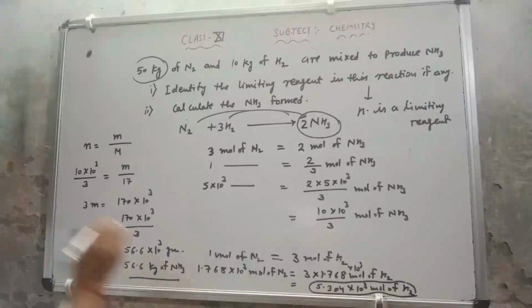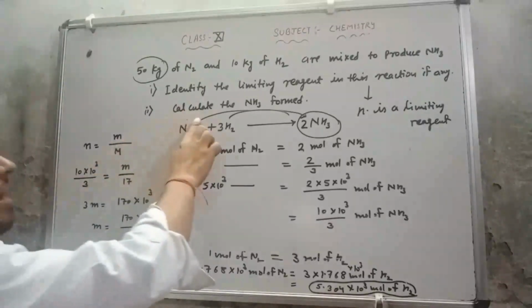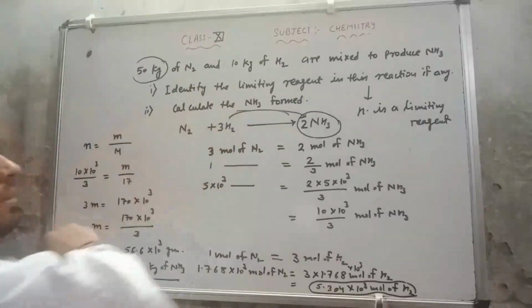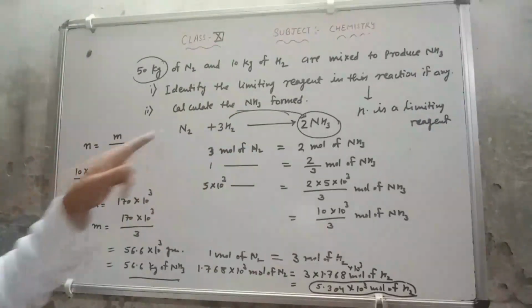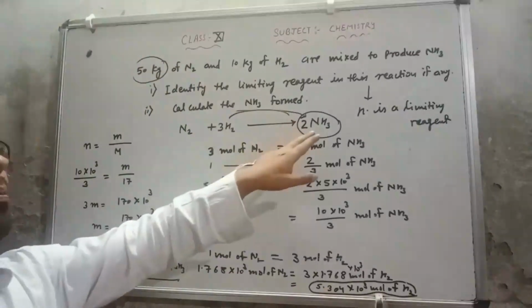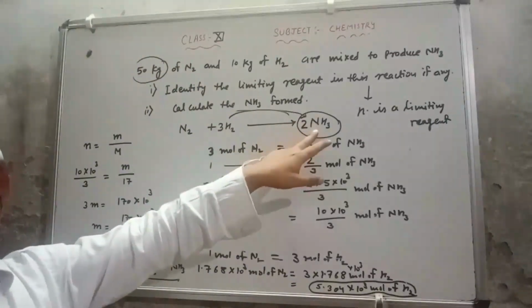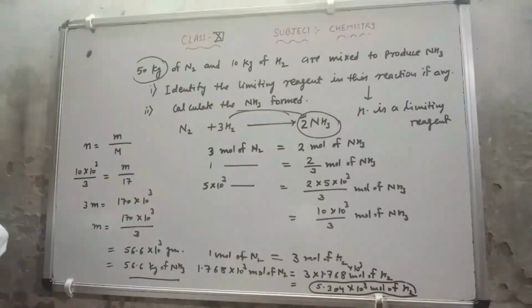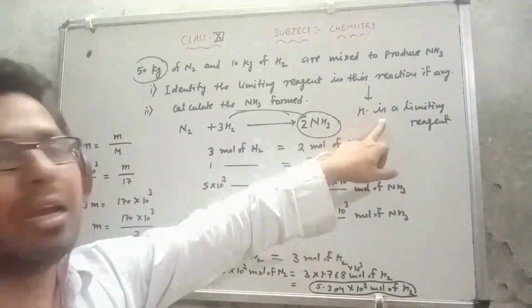So this is a very important question. So again I am telling you how to find out the ammonia formed. Whatever is the limiting reagent, keep in your mind that it will be used to find whatever amount of product will form. In this reaction we got that hydrogen is the limiting reagent.